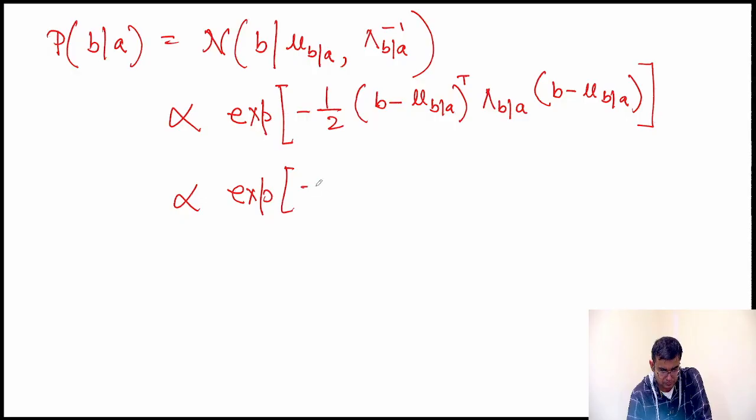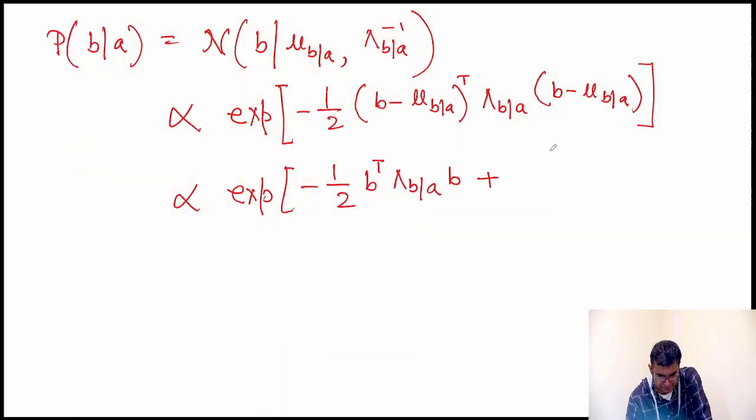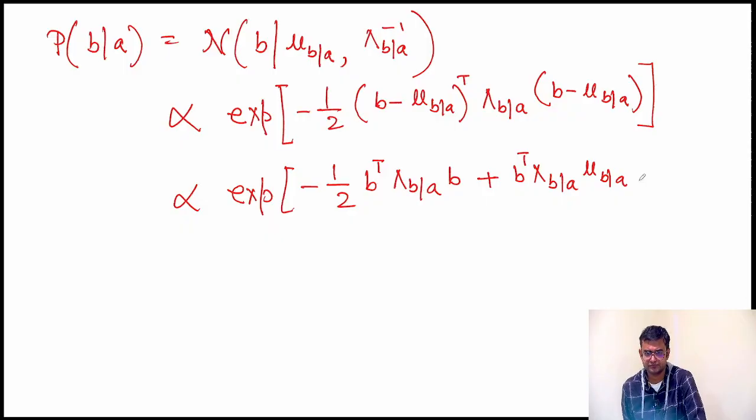So half. What is the square term? B transpose lambda B given A B, right? What is the linear term? Tell me. Now there will be a plus sign coming into the picture, you can understand. The linear term will be, I am combining the two linear terms, so it will be B transpose lambda B given A mu B given A, right?